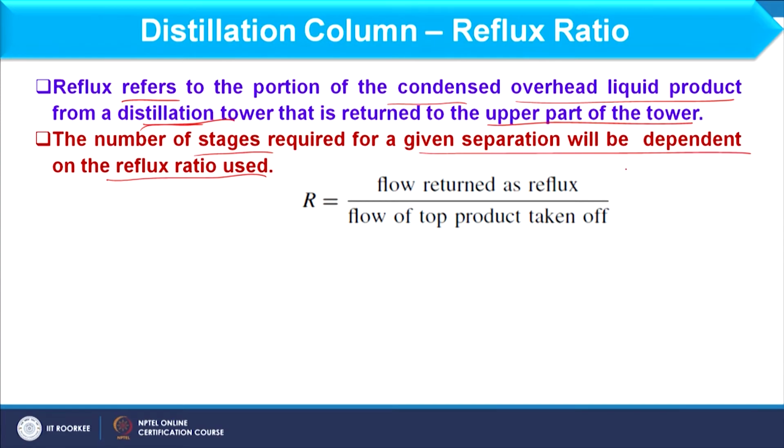I hope you remember that method. As far as reflux ratio is concerned, it is the flow which is returned as reflux divided by the top product taken off. So it is basically L by D. If we need to represent that mathematically, L is what returns back to the column, and D is the total distillate.